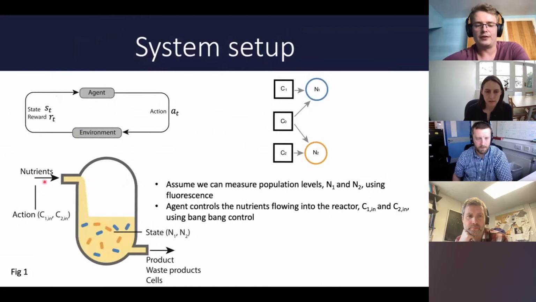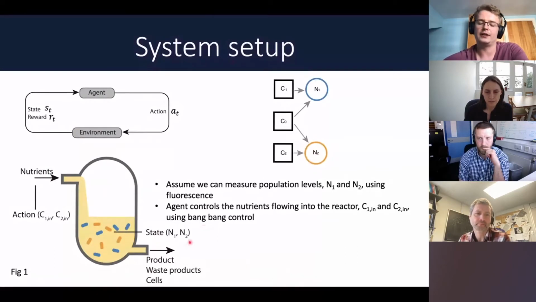So we have constant throughflow, so constant input inflow and outflow. And then we assume we can measure the population levels. You can do that with fluorescence, for example. And that makes up the agent's state. So the agent is observing the population levels.